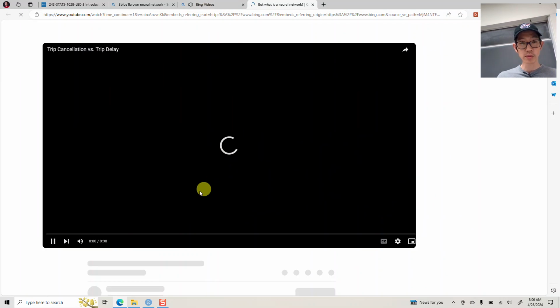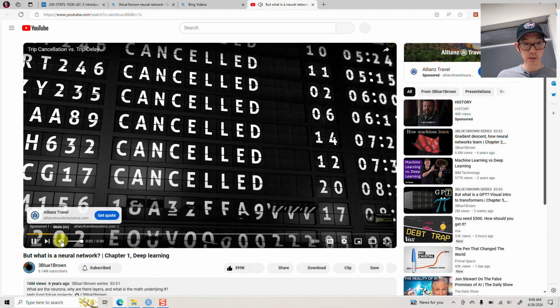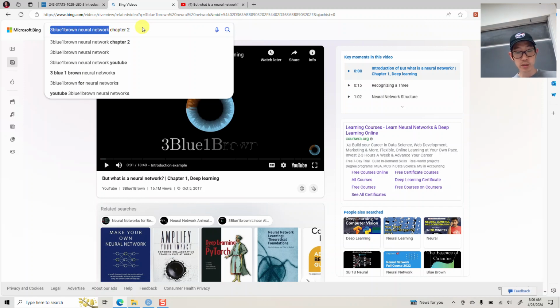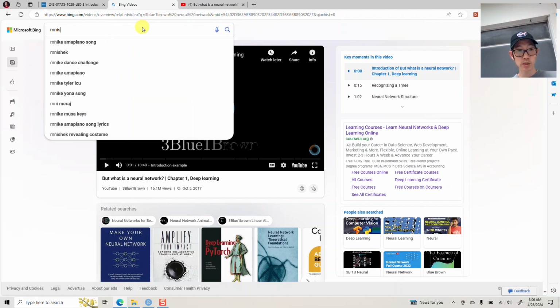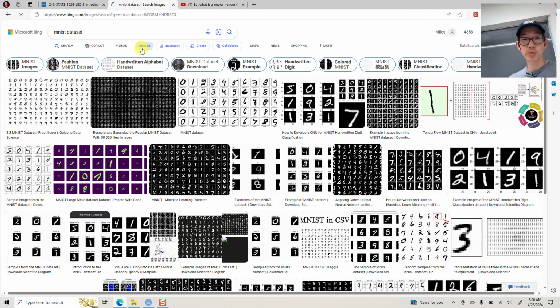Okay, actually, I don't want to play this just yet. Okay, I want to mute that. And then let me also just show you what the MNIST data set looks like. We wanted to show images.